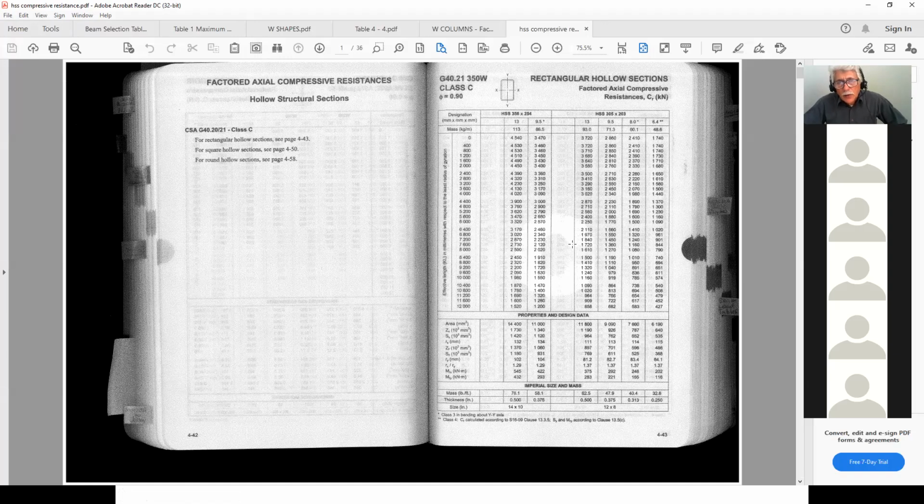Now this is rectangular. I don't know if you guys can see it, but here there's a C. If you buy the handbook, these are green pages, and there's a C here. And if you can't see this, remember that this is for the Canadian one, and this is a class C. Of course, class C means that they take a sheet of metal like this, and then they eventually bend it into an HSS like this.